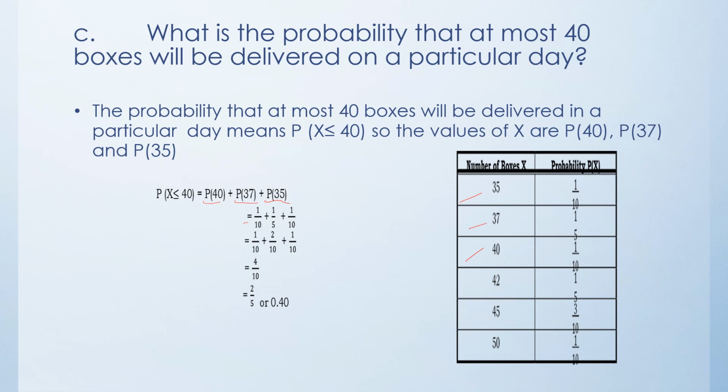Changing 1 over 5 similar to the other fractions, we have 1 over 10 plus 2 over 10 plus 1 over 10 is equal to 4 over 10. Simplifying 4 over 10 will give us 2 over 5 or 0.40.